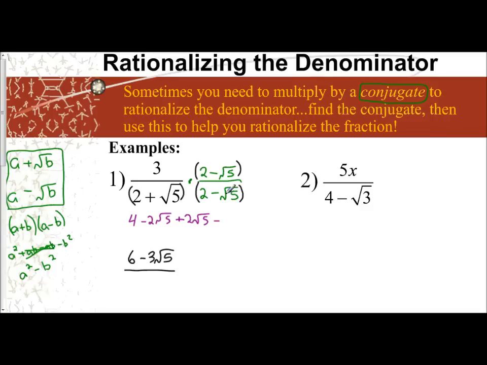Well, the square root of 5 times square root of 5, the square roots are going to cancel. So I'm just left with negative 5. And what happens is the negative 2 radical 5 and positive 2 radical 5 cancel. You notice I no longer have a radical in the denominator. I rationalized it. And so in the bottom, what I'm left with is a 4 minus 5.